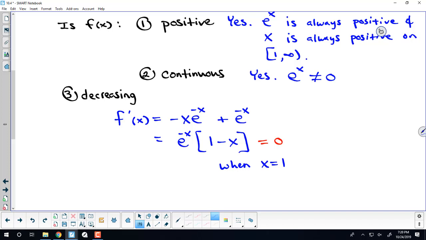So then we come up with our chart for the first derivative. Again, the function's defined on 1 to infinity, so we'll test the interval 1 to infinity. That would be our critical point. So we're just going to pick some number out here, say 2, and evaluate the first derivative at 2. So e to the x is always positive. A positive times 1 minus 2 is a negative. Positive times a negative gives us a negative.